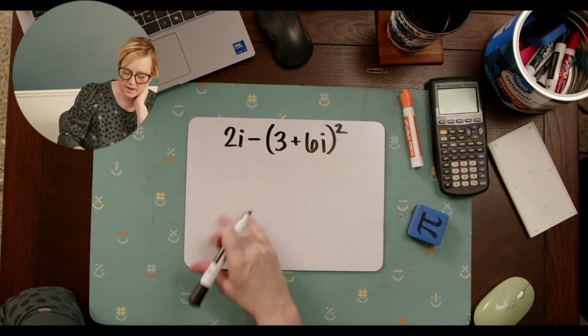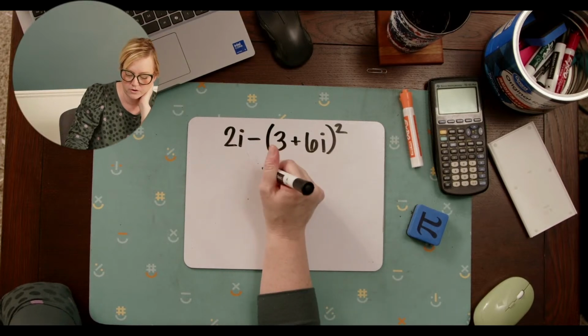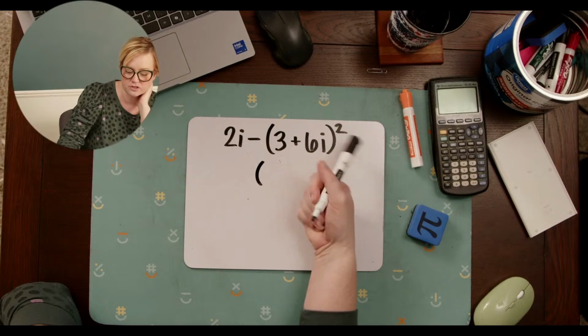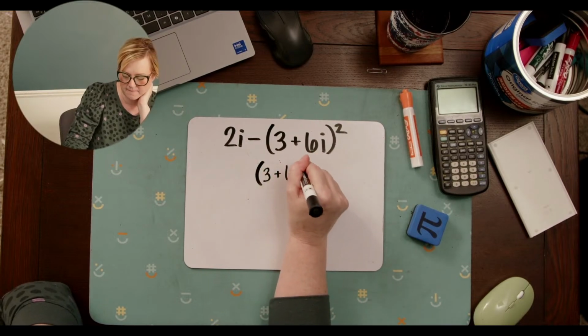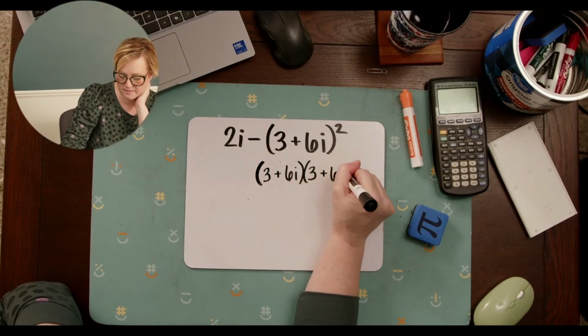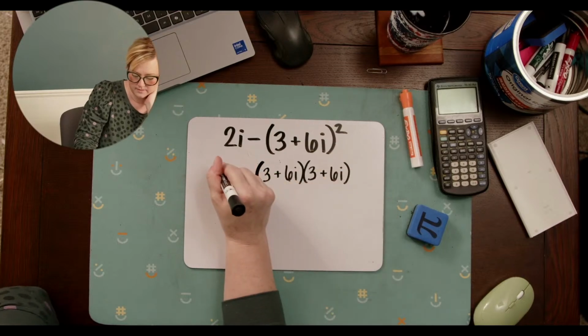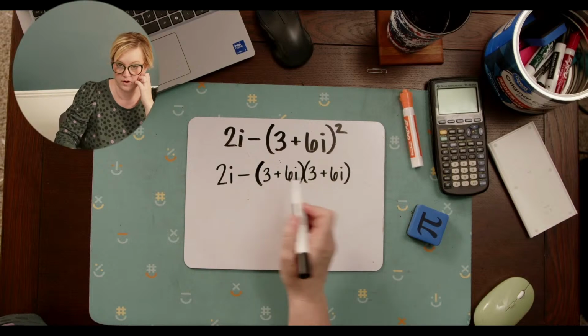Okay, so 3 plus 6i squared, that is a binomial. So we are going to multiply those together because they are squared. So we've got 3 plus 6i times 3 plus 6i. Okay, so we're going to FOIL these together.